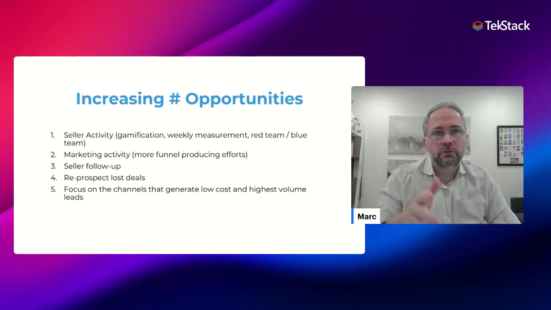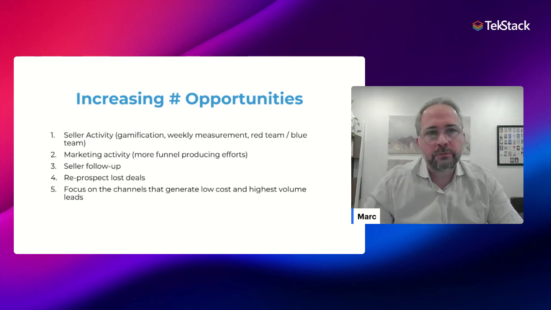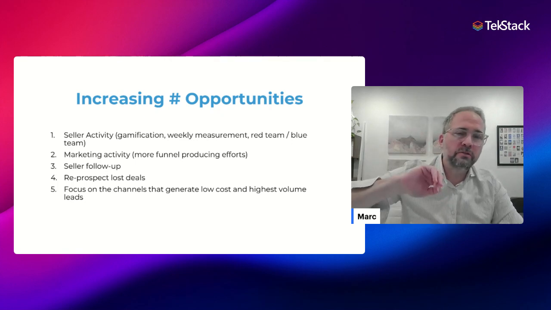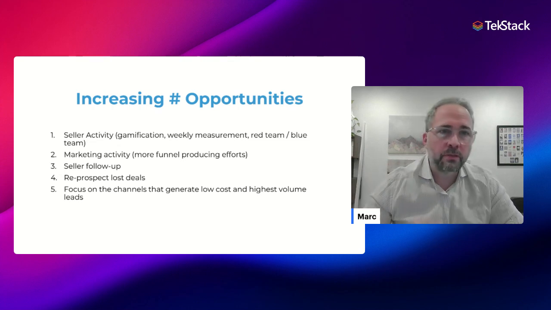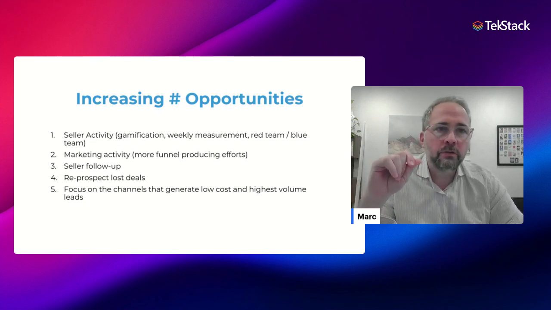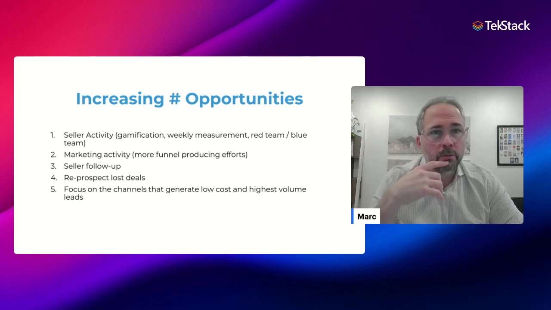And if you have the luxury of having multiple team members, have them focus on specific segments, either product mix or other market segment, industry, or whatever, and then have that combination of seller and marketer become a team. What I think you'll find really quickly is how marketing will basically align to the sellers. I'll throw up a slide of some of the stuff marketing can be doing, but almost always you can do double to triple the activity that they're doing today without incremental cost.